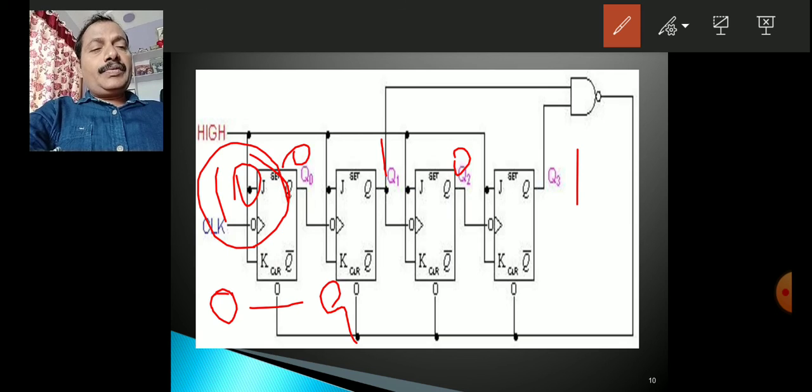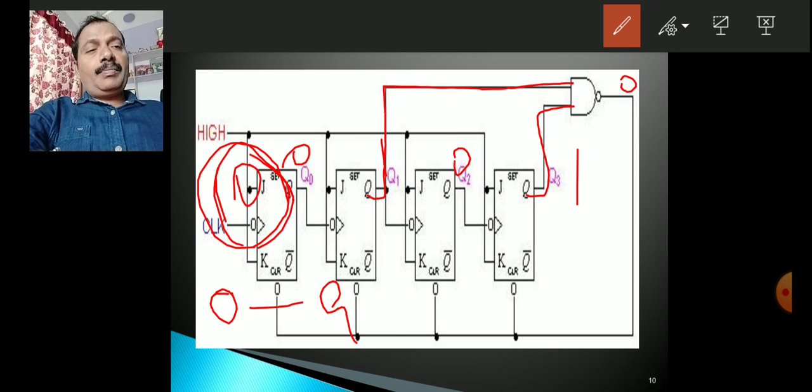Observe here, Q1 is 1 and Q3 is also 1 at the 10th count. Hence those are connected to the NAND gate, and the NAND gate output is 0 whenever the 10th number, 1010, comes. This 0 is connected to the clear inputs of all the flip-flops.